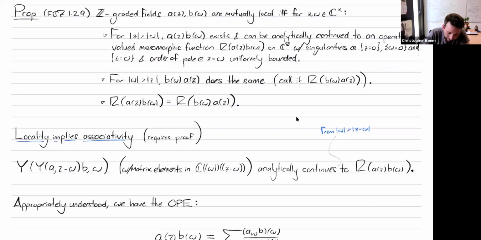For W bigger than Z, the same should hold for the opposite ordering. And then the things that you define by these analytic continuations should be the same operator valued meromorphic function.